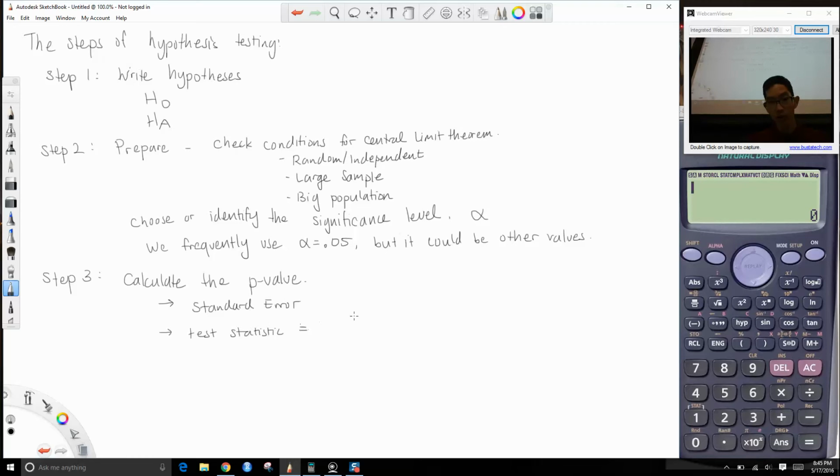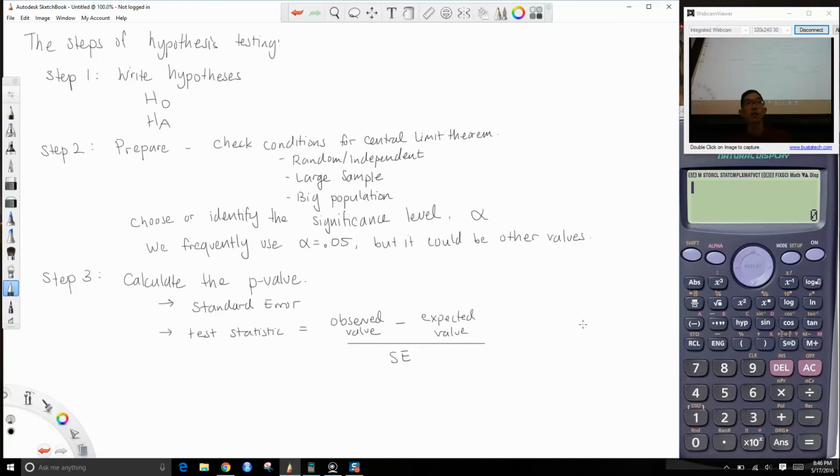which is equal to kind of your reality or the observed value minus the expected value divided by the standard error. Okay, so kind of reality versus expectation.